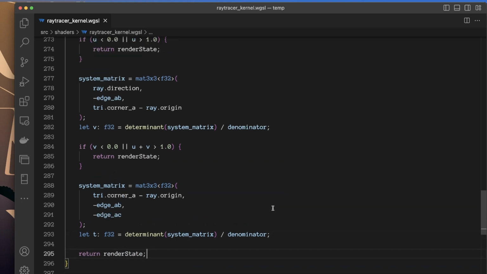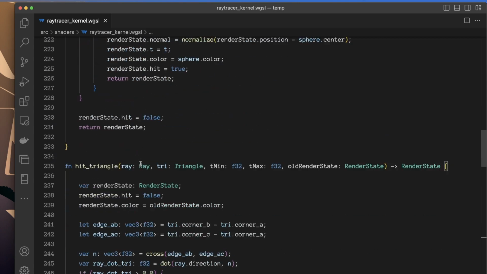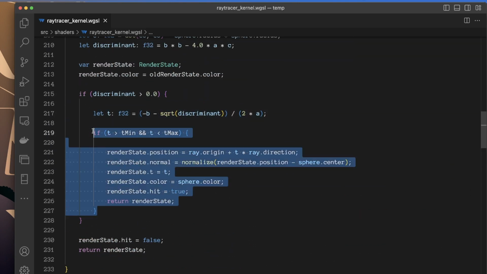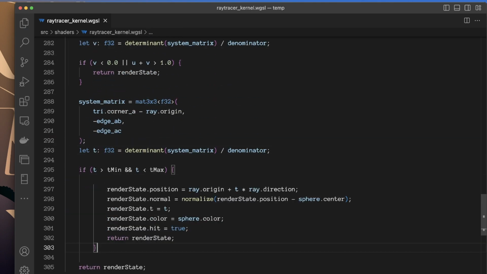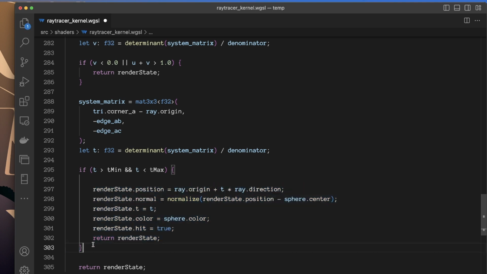Okay. Let me just go back to the sphere. This code's getting pretty big. So the question is, we've got the t parameter. Is it acceptable for this range? Okay.